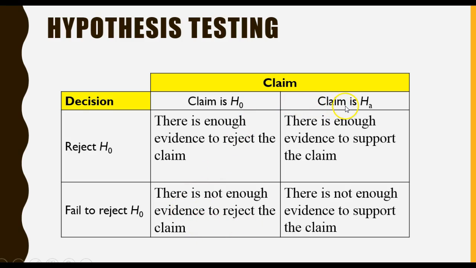Let's look and see if the claim is the alternative hypothesis and we end up rejecting the null. We would say there is enough evidence. Fail to reject the null and the claim is the alternative, we would say there is not enough evidence to support the claim. It's all in the wording.